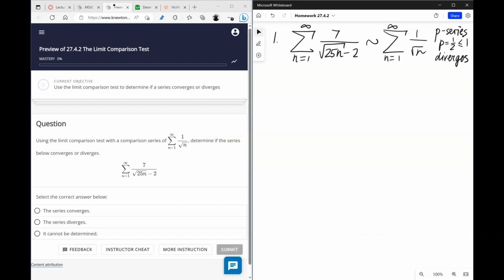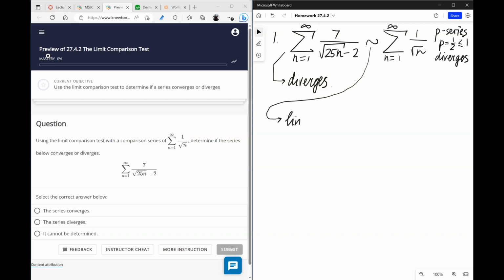So under certain conditions, we'll be able to conclude that this series diverges by the limit comparison test. But what are the conditions? So when are we allowed to make such a claim?